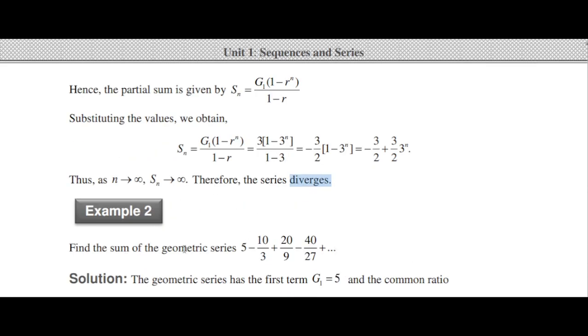Example 2. Find the sum of the geometric series 5 minus 10 over 3 plus 20 over 9 minus 40 over 27. Let's compute the common ratio r, which is equal to minus 10 over 3 divided by 5.